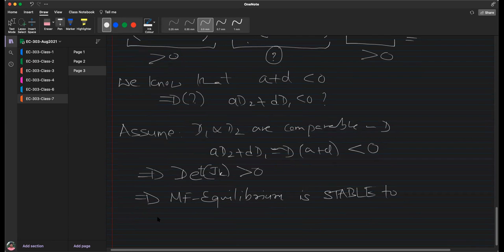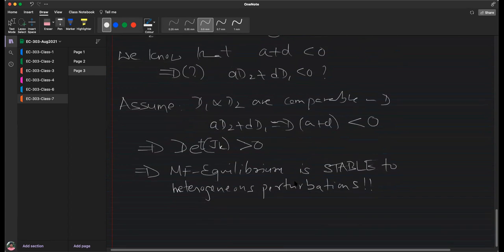Stable to heterogeneous perturbations. Do you agree with this? Somebody made a very interesting observation that the stability can include stable oscillations also, right?